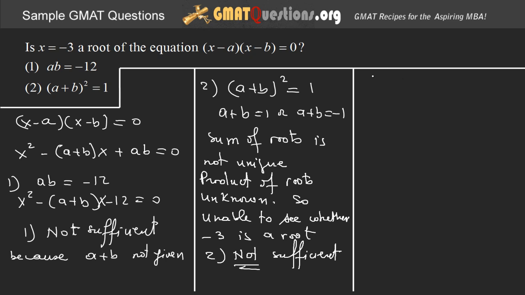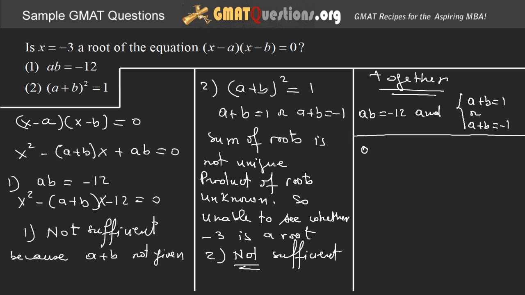If we do this together, we can plug in: we have ab equal negative 12 and one of these two, a plus b equal 1 or a plus b equal negative 1.